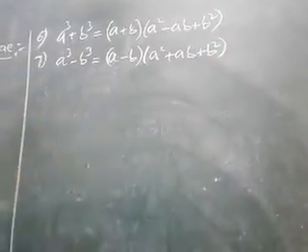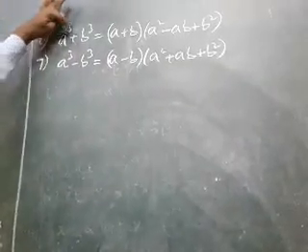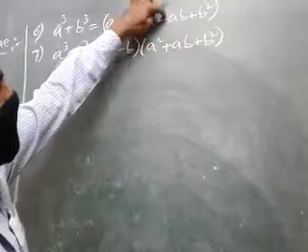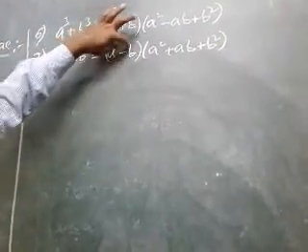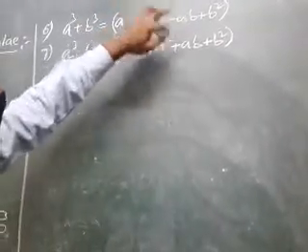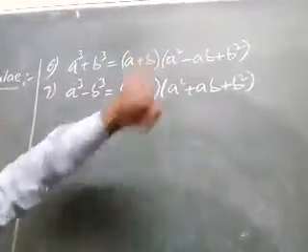Both are similar form, but plus and minus are different. If we have a cube plus b cube, first factor is plus, and in the second factor minus ab. If a cube minus b cube, first factor is a minus b and in the second factor plus ab. A square and b square are always positive. If you take negative here, positive. If you take positive here, we get negative.